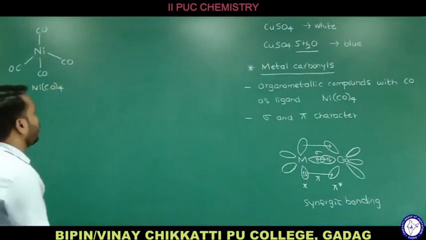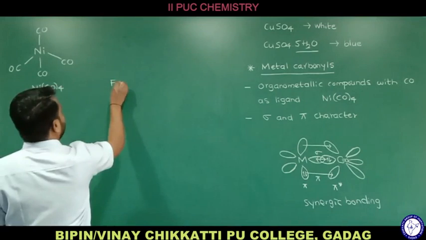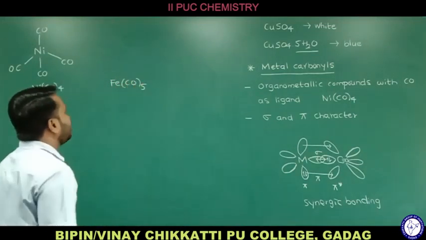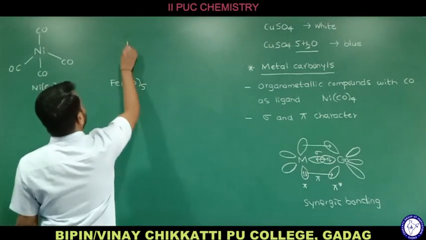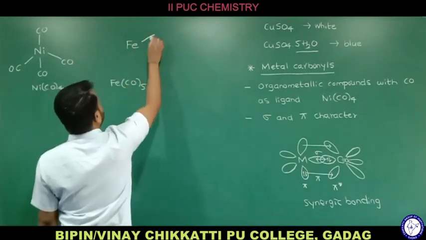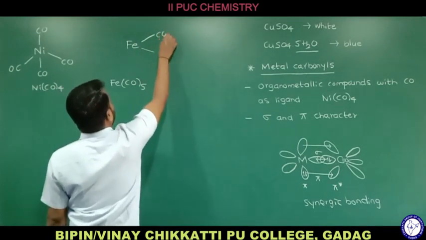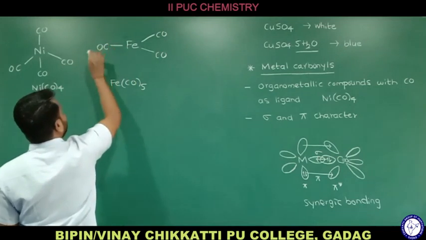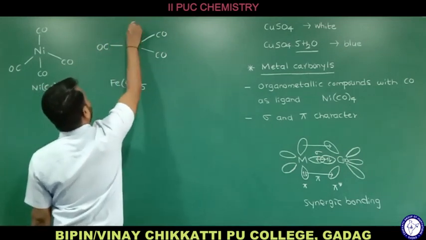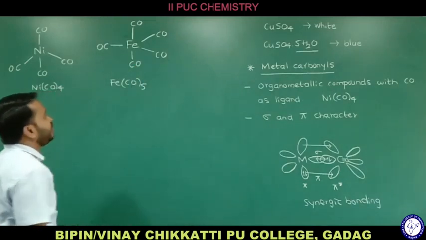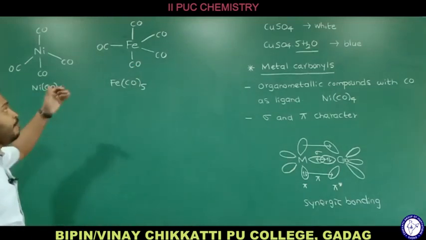The molecule is Ni(CO)4. One more example I consider is Fe(CO)5. The central metal atom is iron, and we have carbonyls in this fashion. Three carbonyls are trigonal planar, and one will be above and one will be below, and the shape of such a geometry we call trigonal bipyramidal.